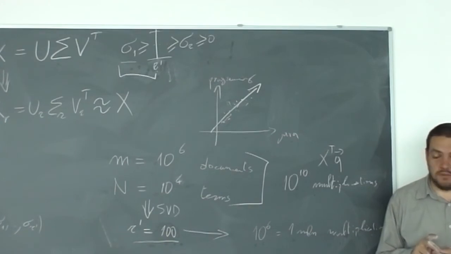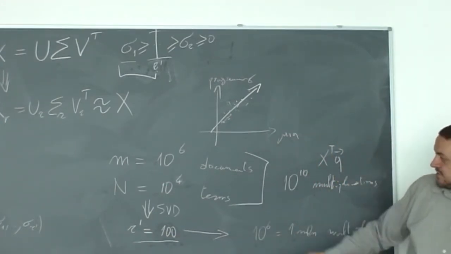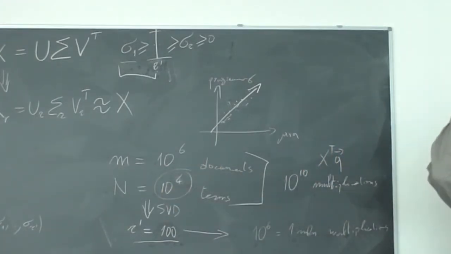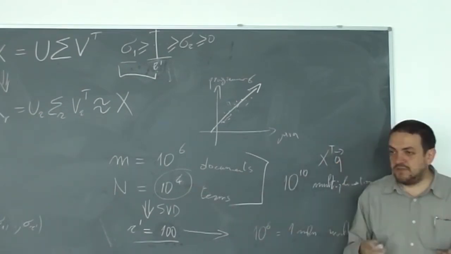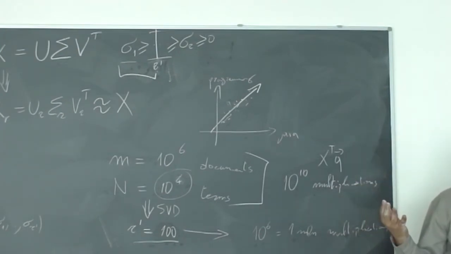Exactly. This is finally the number of important features, while this 10 to the fourth is a lot more information, but many of those features are actually noise because many are not necessary, since they are just linear combinations of others.